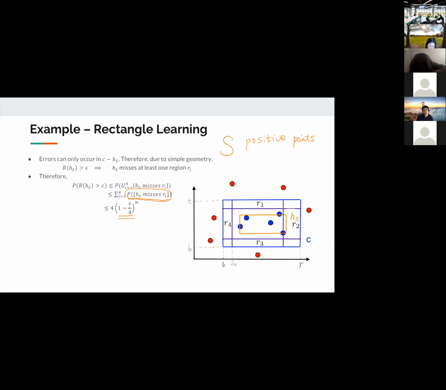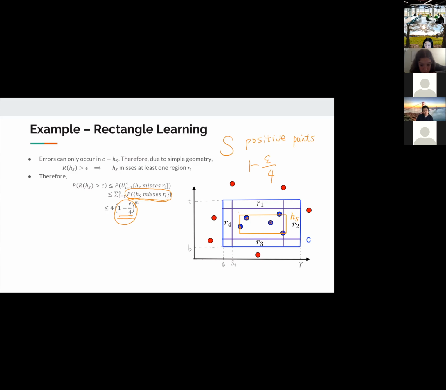So the probability of HS misses Ri, how do you get that probability? You look at all the points that are drawn from the underlying distribution. For each of the points, what is the probability that this point would miss Ri? It's going to be 1 minus epsilon over 4, right? Because the probability that the point will be within Ri is epsilon over 4.